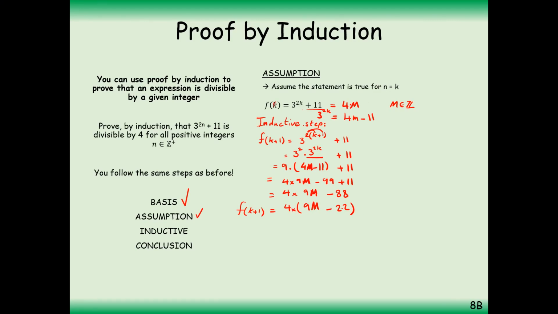So here we can tick the inductive stage, and we've done that, and we can write a conclusion. When you're writing a conclusion, you should actually write the word conclusion and say the formula worked for n equals 1.